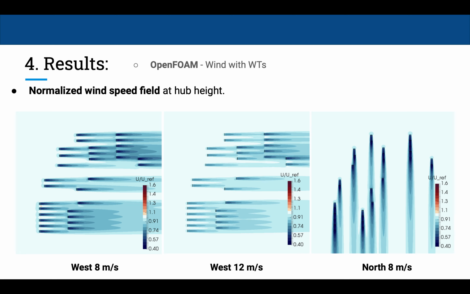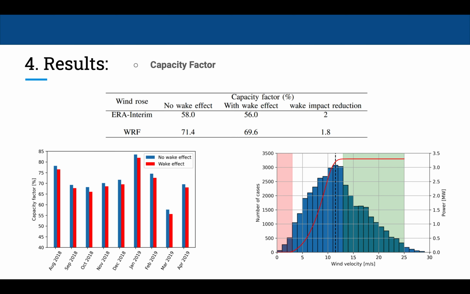Finally, we compute the capacity factor from the OpenFOAM results using the 2 different sources of information for the wind roses, the reanalysis and the WRF mesoscale model, and we compute this capacity factor considering and not considering the wake. So we can observe the wake impact, which is around 2%.